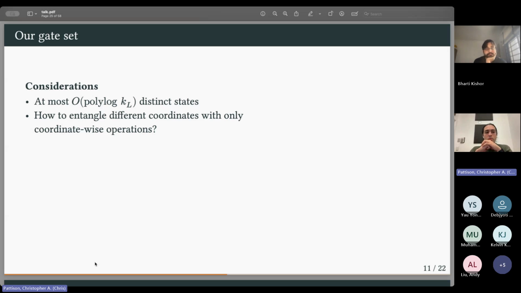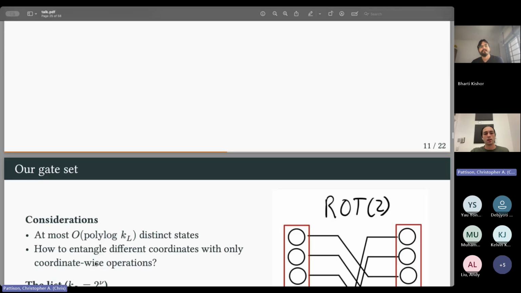We actually want very few distinct types of states to distill. This creates the question: we have these component-wise operations, so how do we entangle the different coordinates?